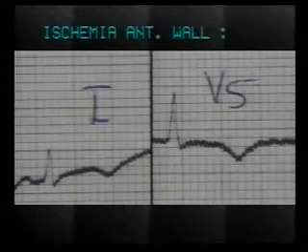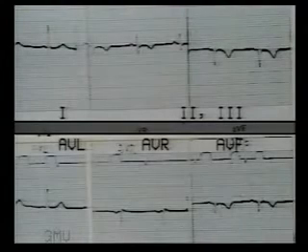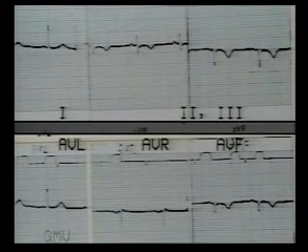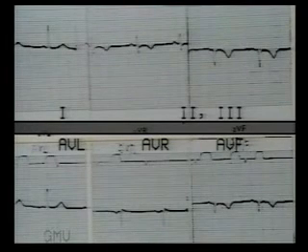This ECG shows T wave inversion in 1 AVL V5 and V6. It indicates myocardial ischemia in anterior wall, probably narrowing of anterior descending branch. This ECG shows T wave inversion in 2, 3, AVF. This indicates ischemia in the inferior wall, probably narrowing of posterior descending artery.